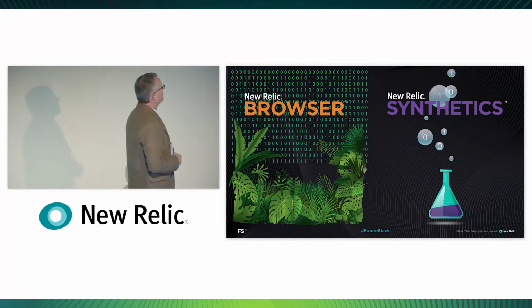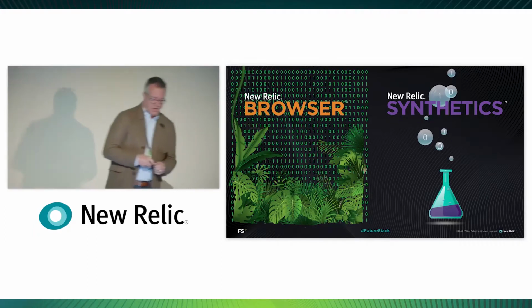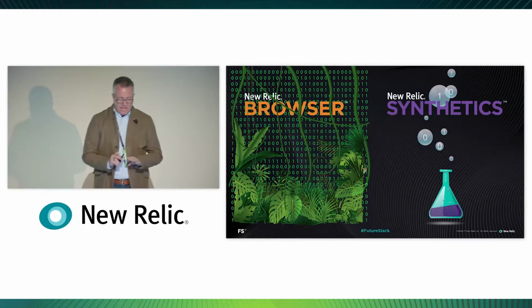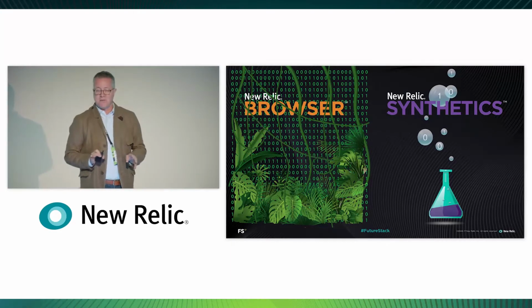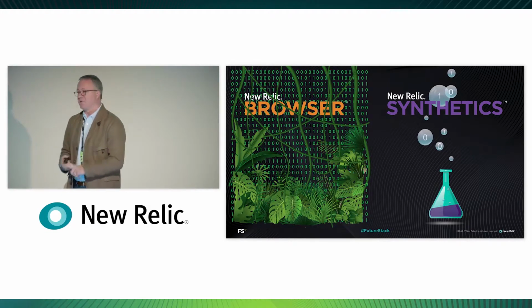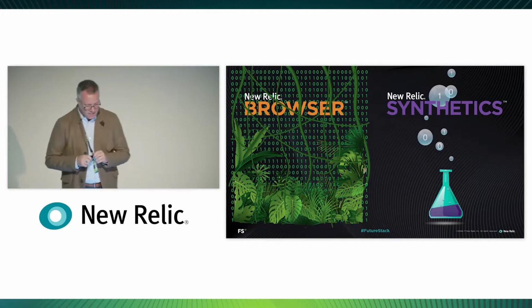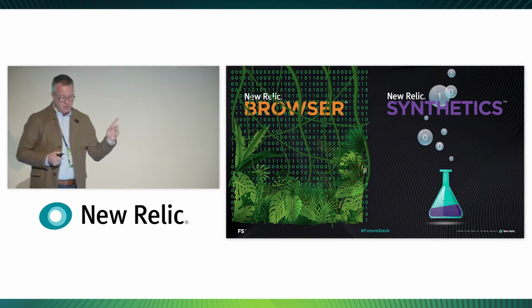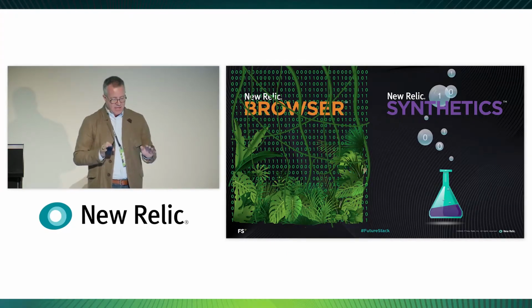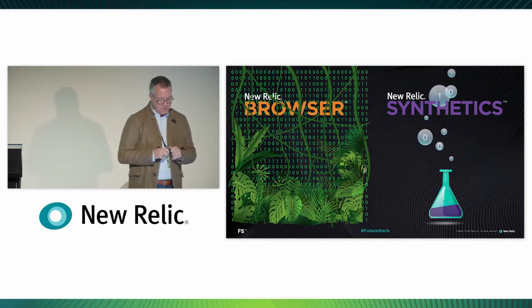Browser, on the other hand, is more like the jungle, right? You get all the empirical data about what's actually happening out there. Every combination of variables: location, devices, browsers, network speeds, geographies, etc. So this is what's really going on with your users, and it will show every combination and every edge case that's possible to affect performance.